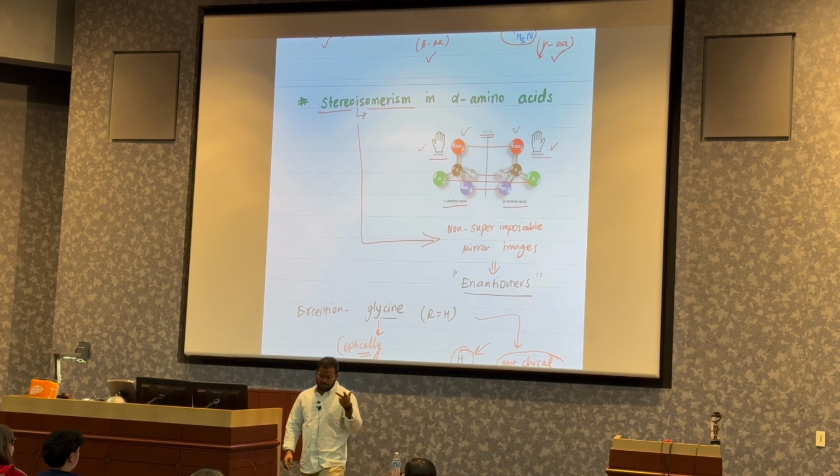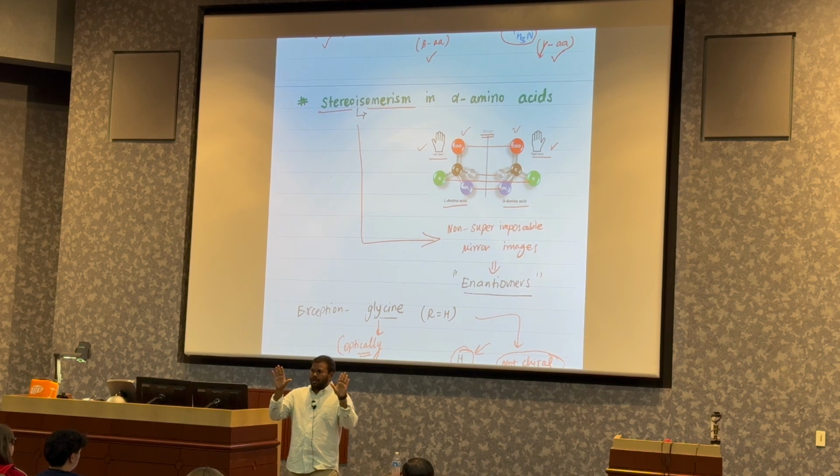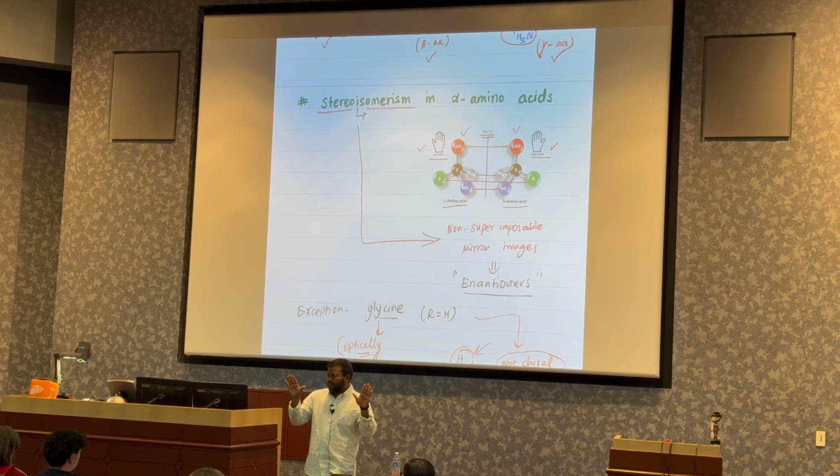If you see your left hand and your right hand, these are not superimposable on each other. If you place a mirror, you will see this is a mirror image. But are these mirror images superimposable? The word superimposable means if you place one after the other, does it all overlap completely? No. So we can call this non-superimposable mirror images.